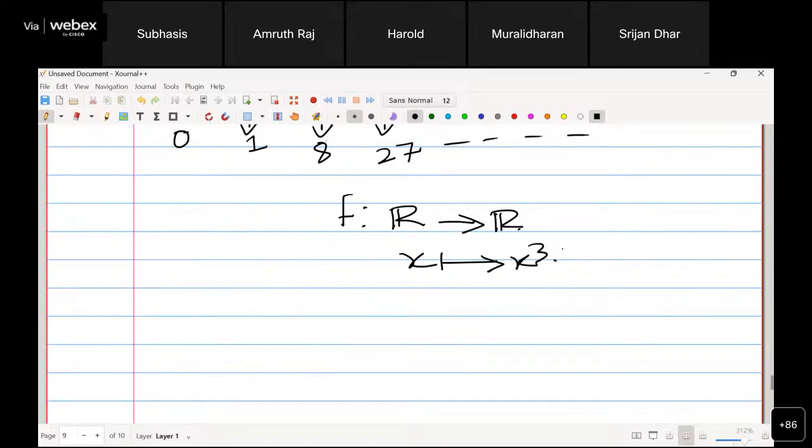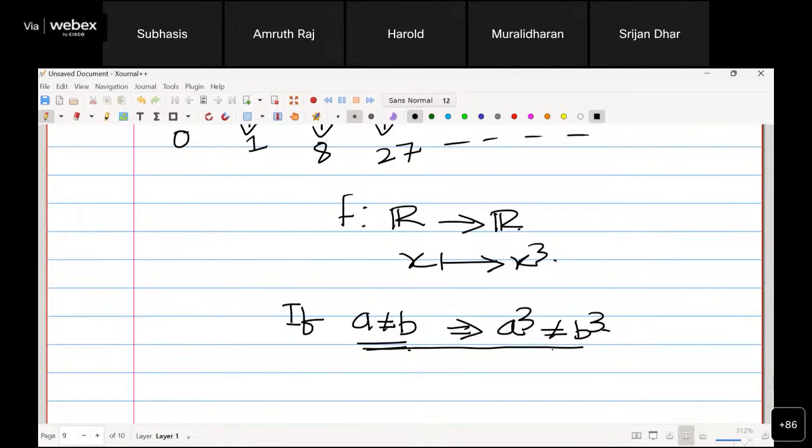The thing is, if A is not equal to B, that means A cube is also not equal to B cube, right? This statement is true. In other words, if I have two different inputs, the outputs are also different.